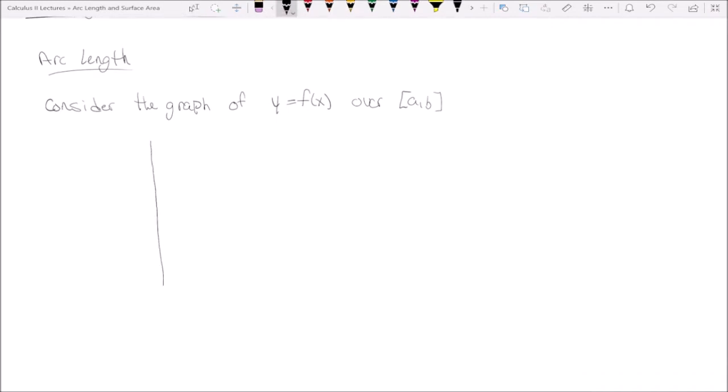That'll look, I don't know, something like this, let's say. And we want to find the length of this curve.